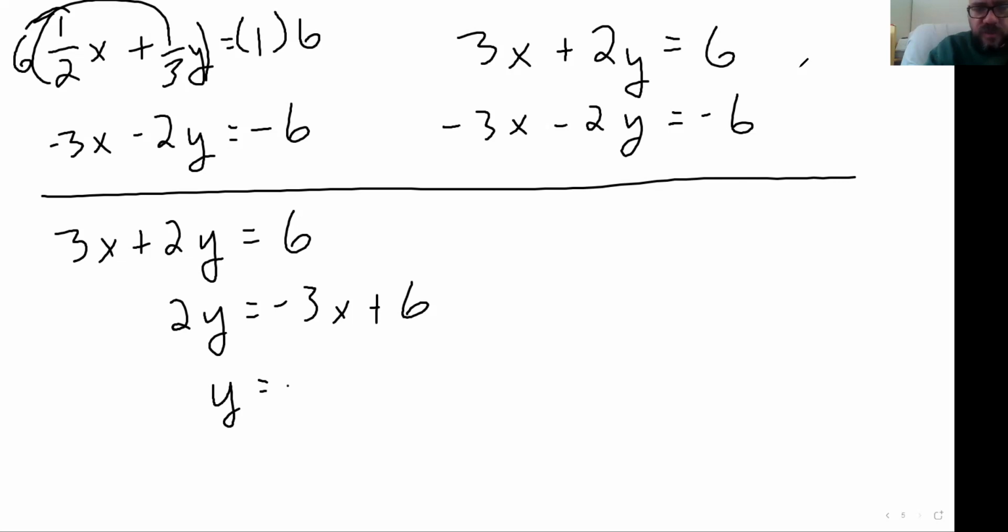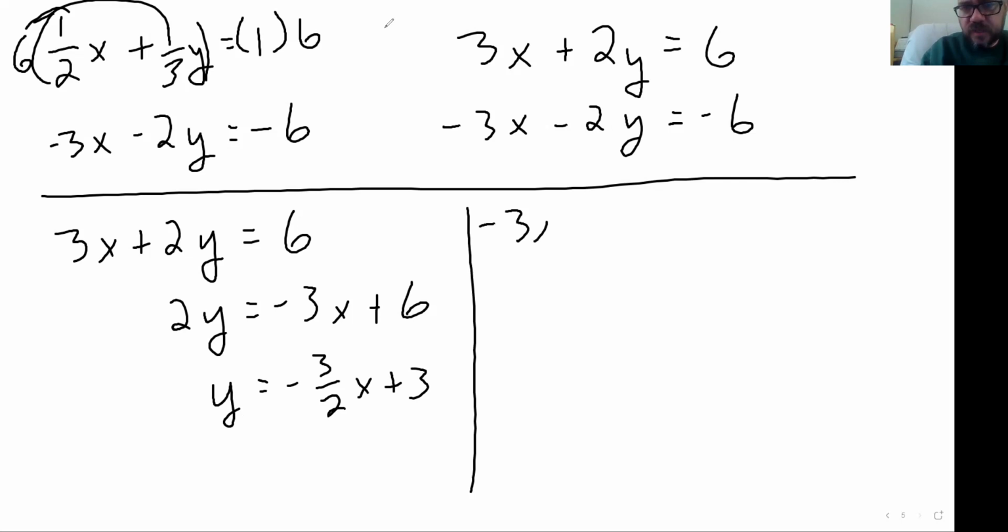Y equals minus 3 over 2 x plus 3. And then I'm going to take that y and put it into the other equation, just like I did before. So I'm going to get minus 3x minus 2 times minus 3 halves x plus 3 equals -6.